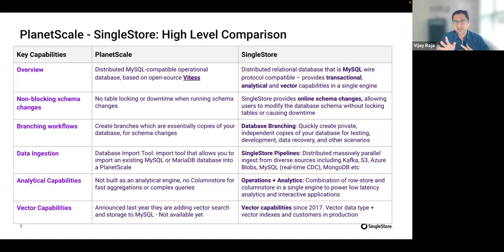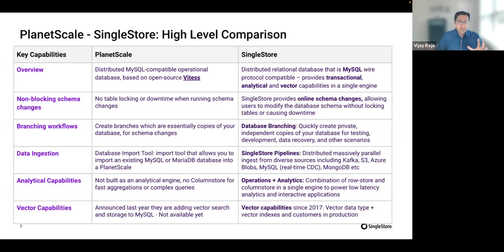To contrast that, SingleStore has had vector capability since 2017, way before the Gen AI revolution. And we already have customers using it today to power multiple Gen AI use cases, including semantic search, chatbots, product recommendation engines, image recognition, and so on. I'll touch a little bit upon that as well.